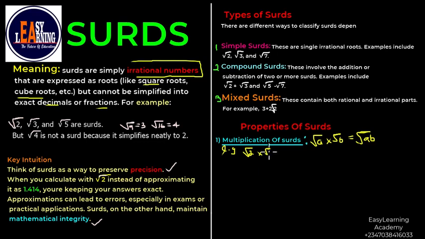In multiplication you just multiply everything out; two surds can multiply themselves. That will be the square root of 6. So that's the multiplication of surds.